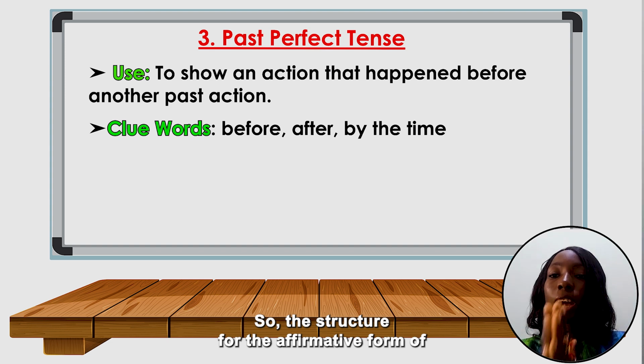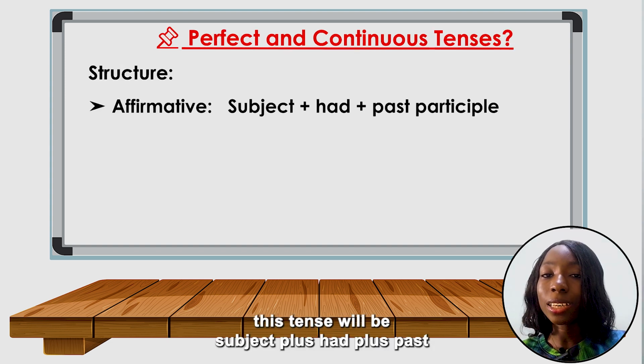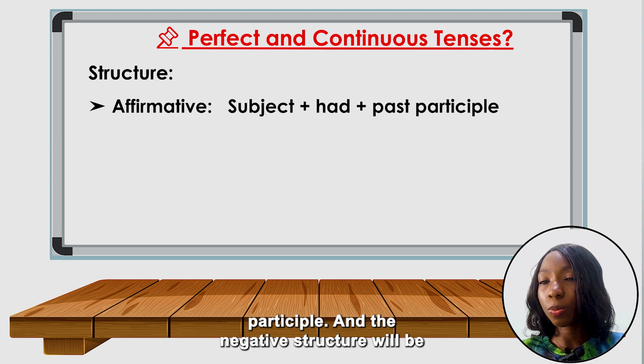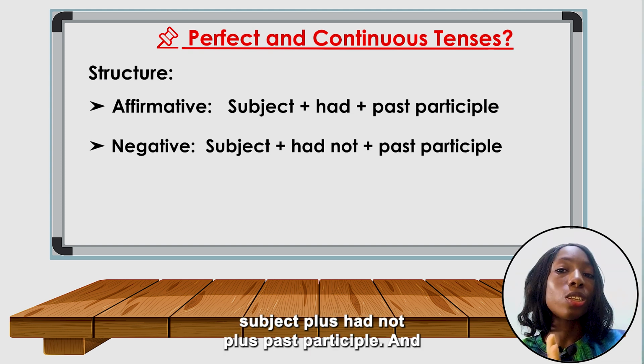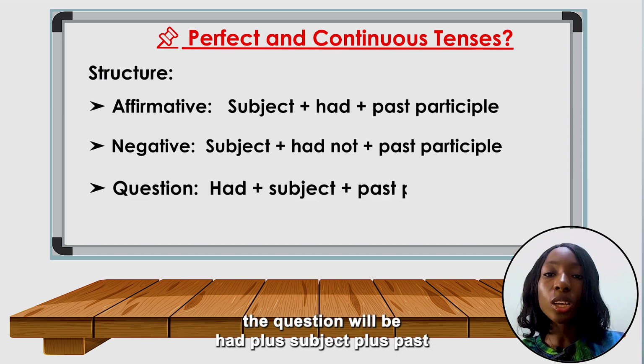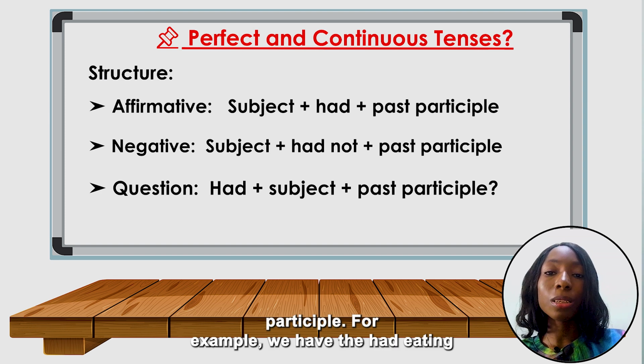So the structure for the affirmative form of this tense will be subject plus had plus past participle. And the negative structure will be subject plus had not plus past participle. And the question will be had plus subject plus past participle.